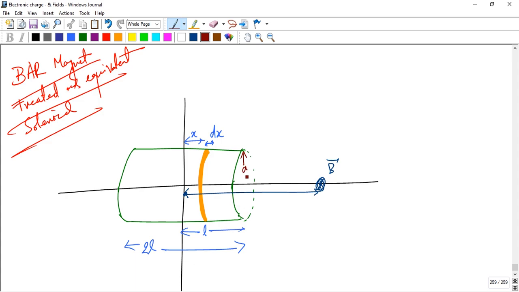Suppose the radius is A, and this radius here is also A. So now join this line. From Biot-Savart's law, obviously, now erase that.